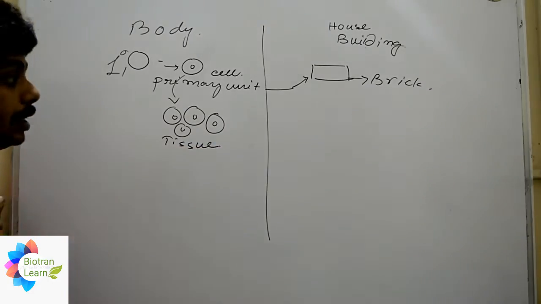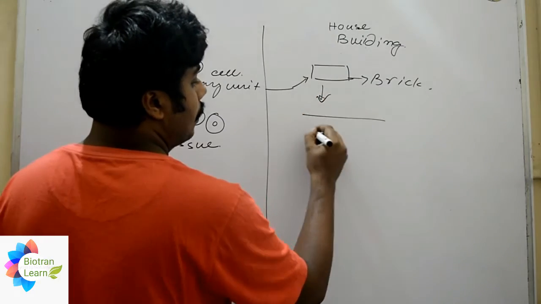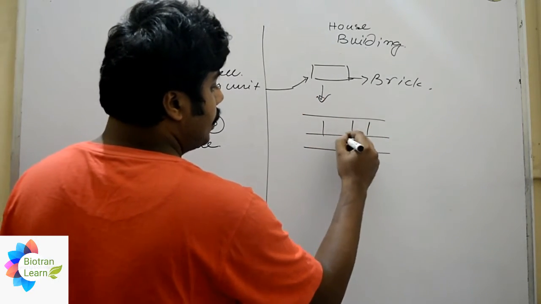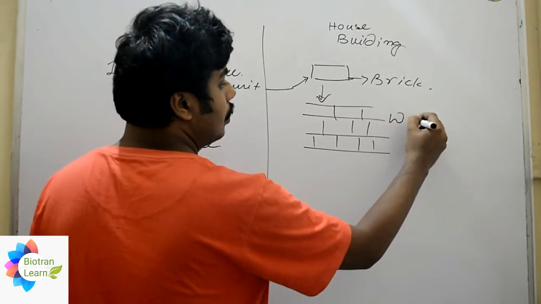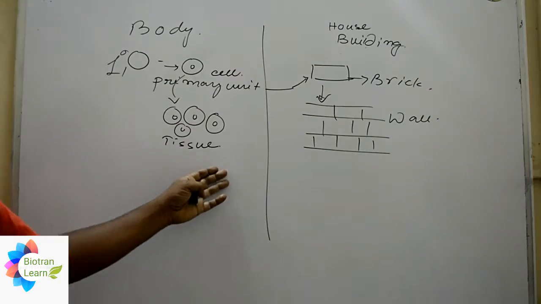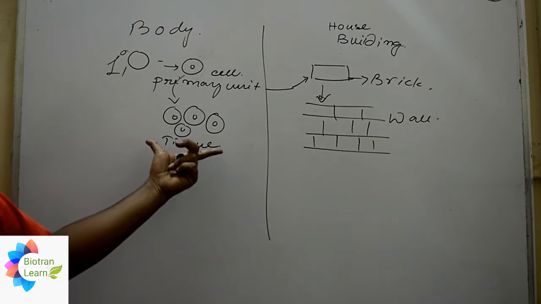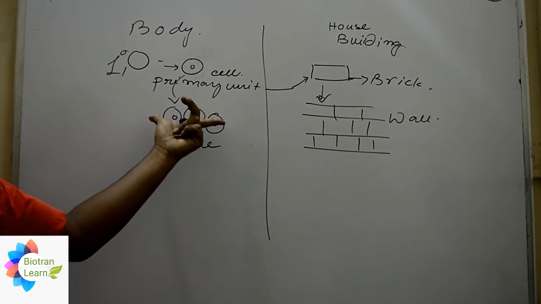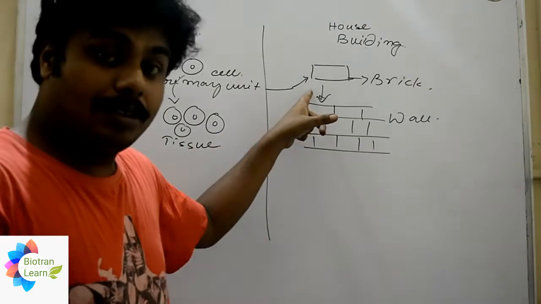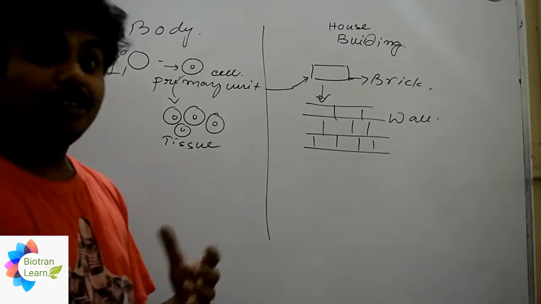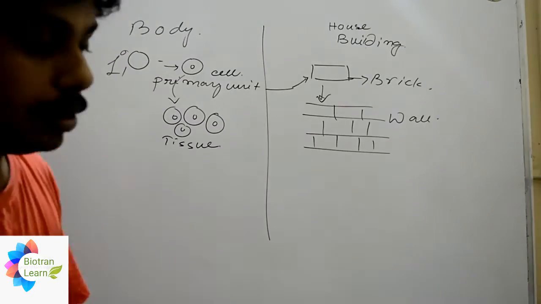Similarly, lots and lots of bricks form a particular wall. Now look how similar this is. A single cell, when it aggregates with many cells which are structurally and functionally the same, is known as tissue. A brick, which is structurally and functionally similar, forms a wall.